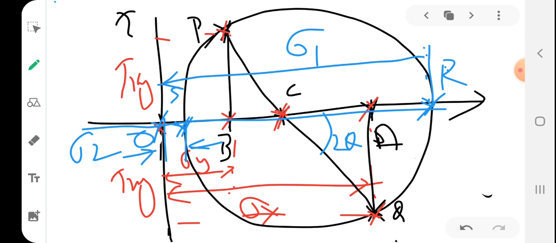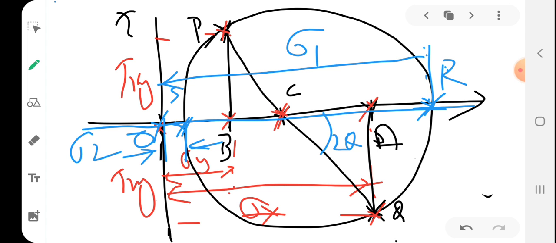Okay, 2 theta. If you calculate this angle 2 theta, the half of that 2 theta, that is theta, will give the direction of principal stress.